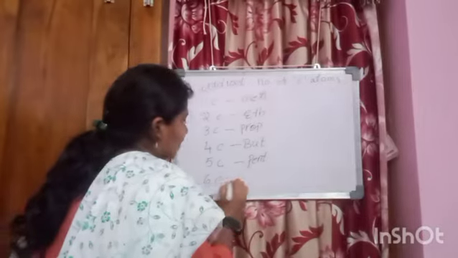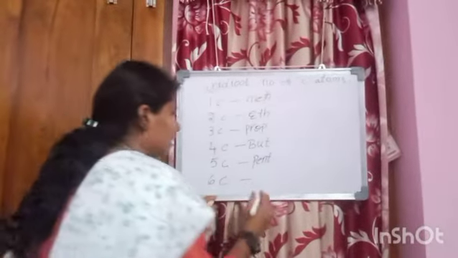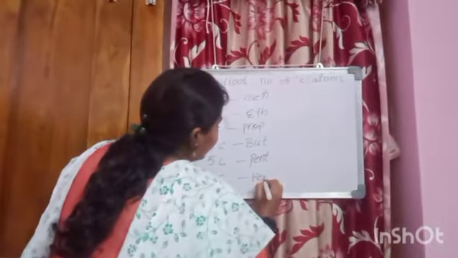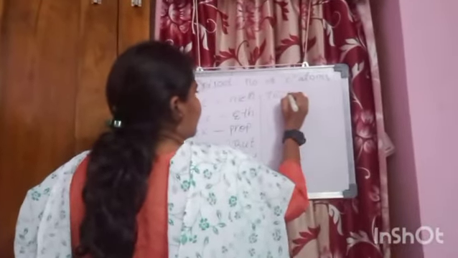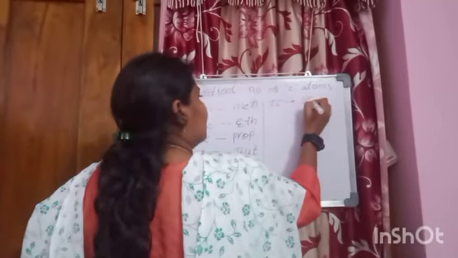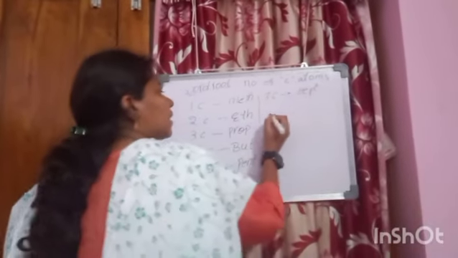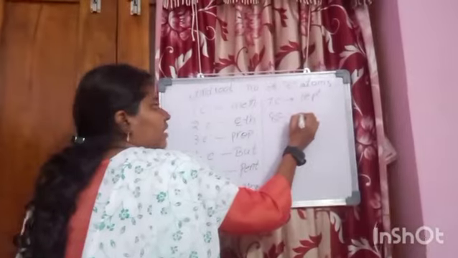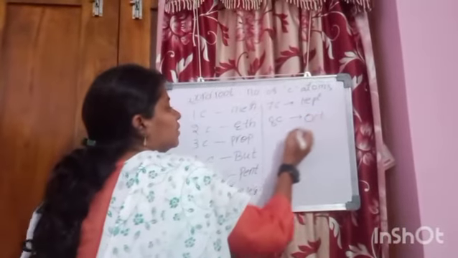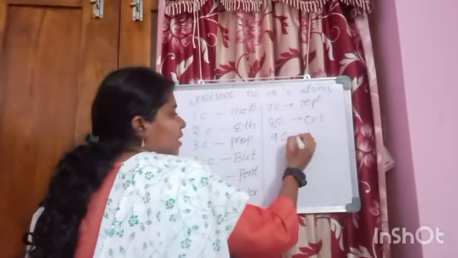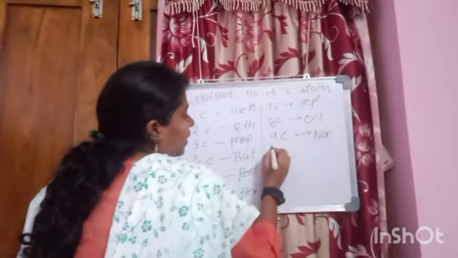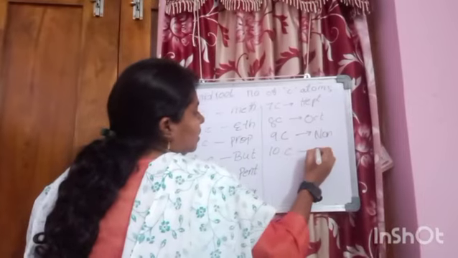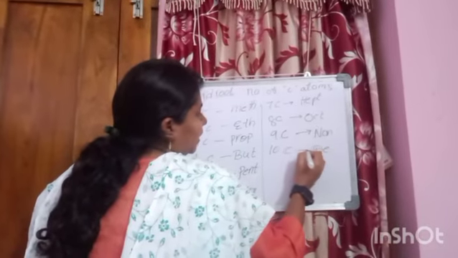If 6 carbon atoms are there in the chain, hex. 7 carbon atoms, hep. 8, oct. 9 carbon atoms, non. 10 carbon atoms, dec.